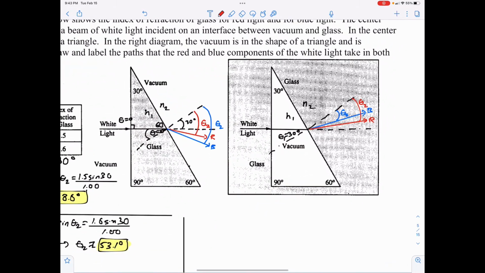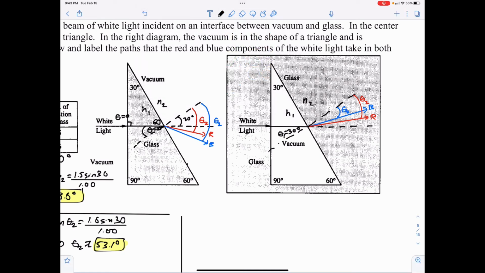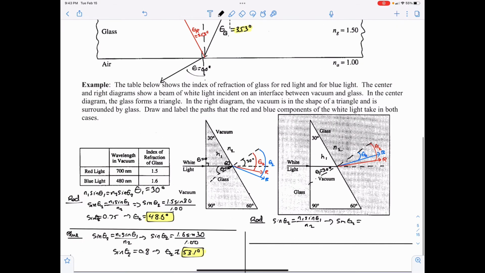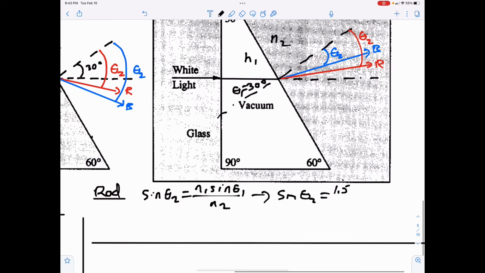Let's quantify this. So sine of theta 2 is equal to n1 sine theta 1 over n2. Now, for red, no, I'm sorry, not 1.5.